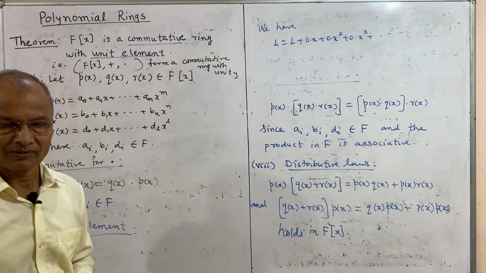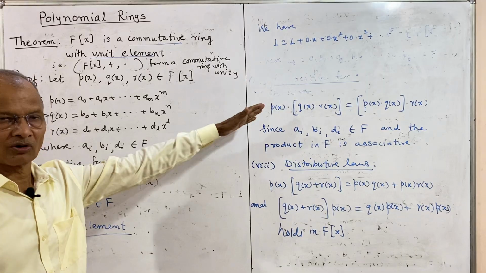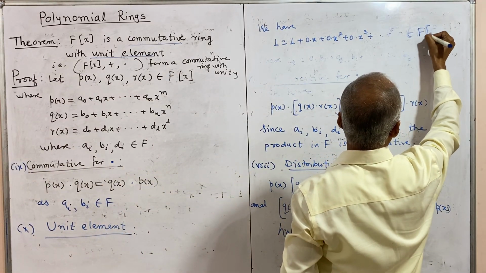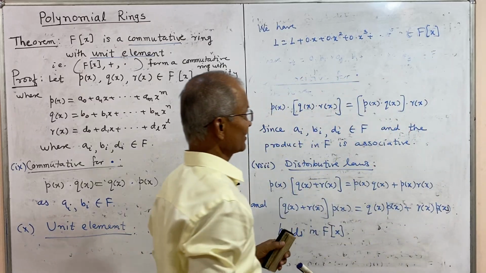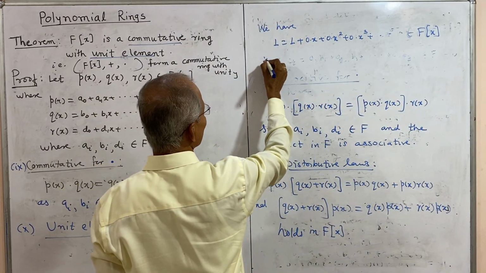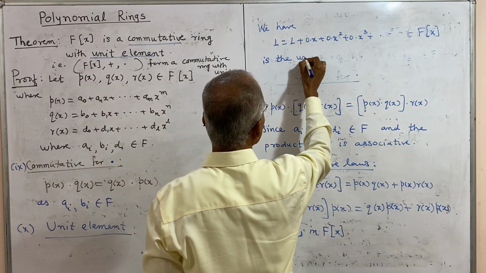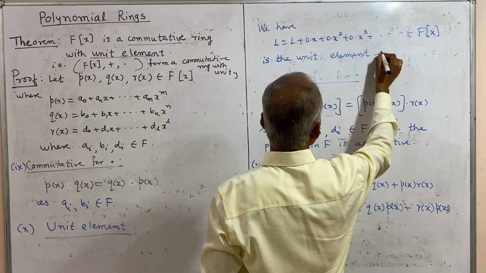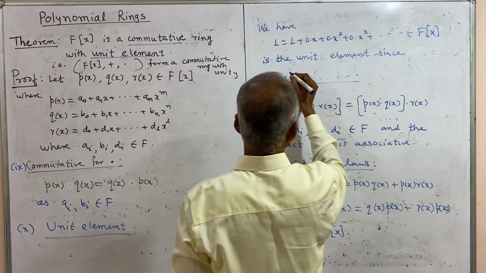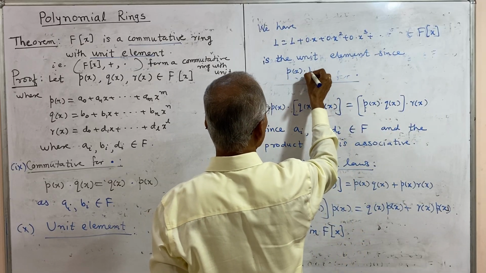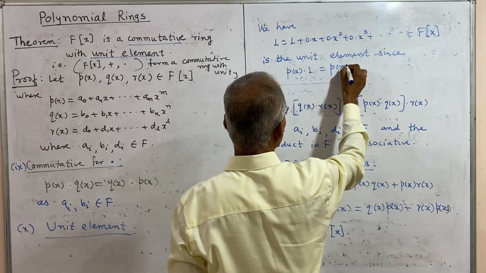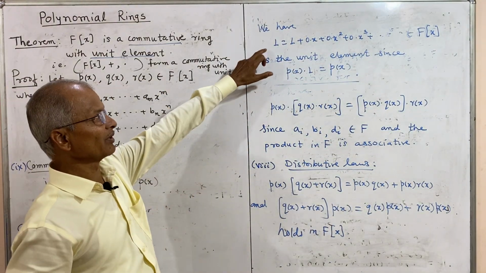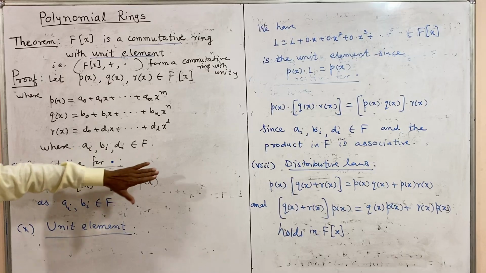This is a polynomial. 1 can be written in the form of a polynomial in f of x, and this belongs to f of x, and this serves as the unit element. See, p of x into 1 is equal to p of x, or 1 into p of x, and that is p of x, and therefore 1 is the unit element.